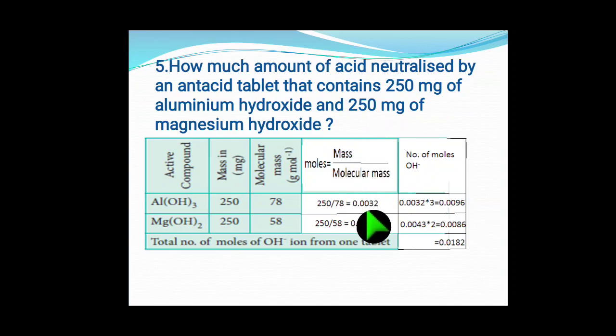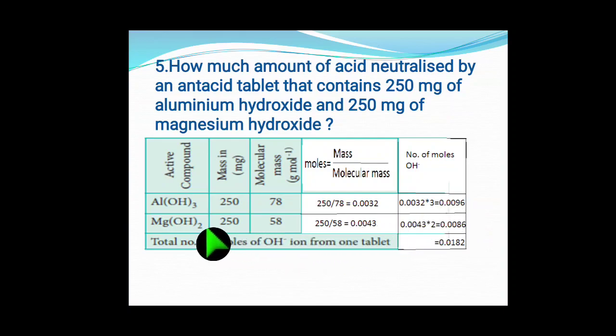By this we can find the number of moles of OH minus ions. Here, in aluminum hydroxide, OH minus ions denote the base, so the value should be multiplied by 3 to get the moles of OH minus ions, 0.0096.